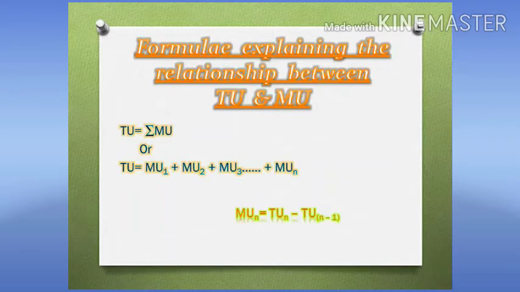In simple words, total utility of n units minus total utility of n minus 1 units gives marginal utility of n unit.